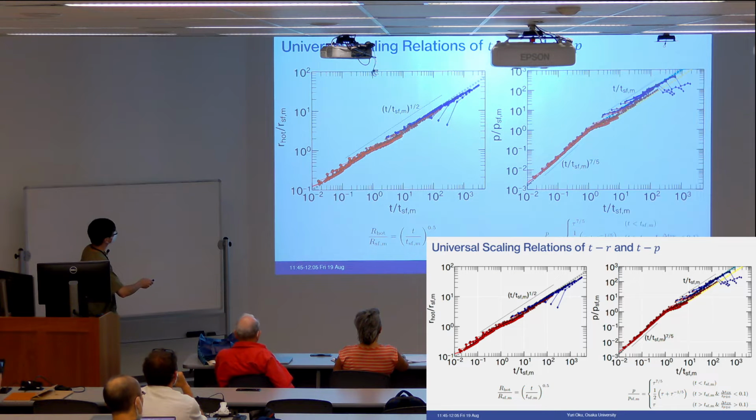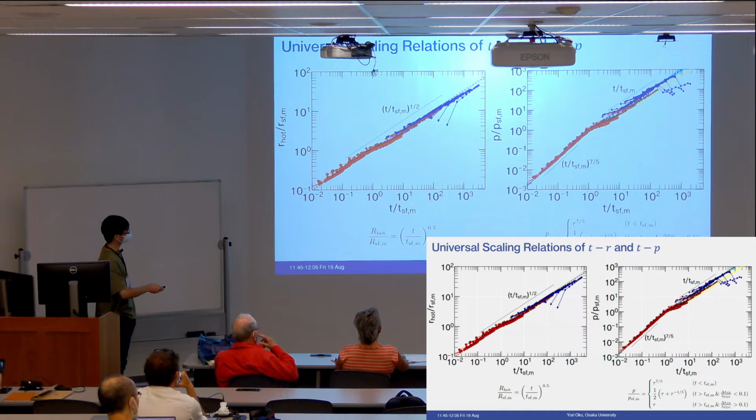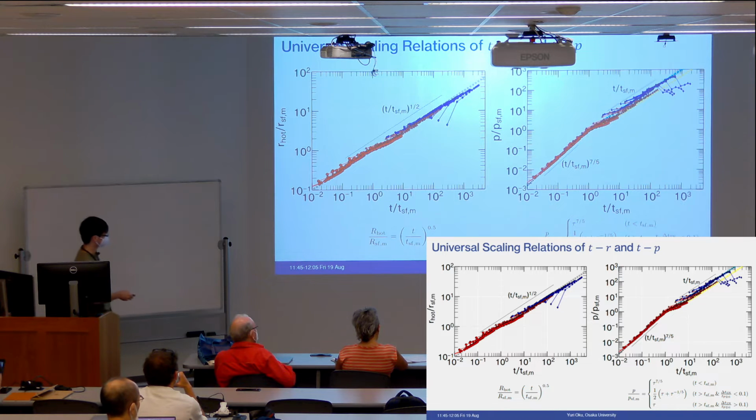In the time evolution of radius, the scaling is t to the 1 over 2. For momentum, the momentum grows as t to the 7 over 5 until the shell formation time, and after that the momentum grows linearly. So we obtain this fitting function, and we will apply these functions to the supernova feedback model for galaxy simulation.